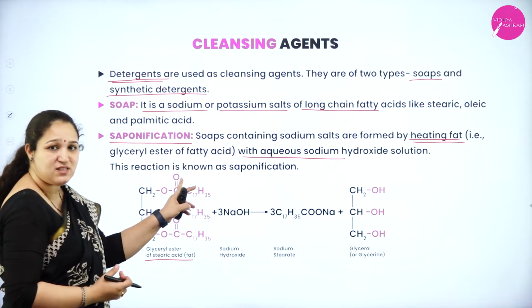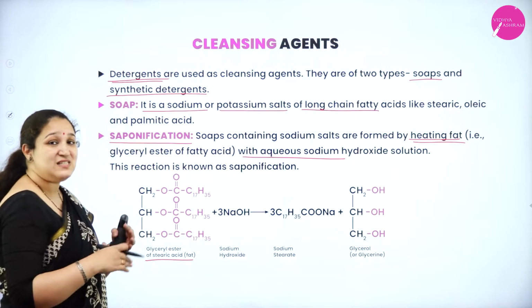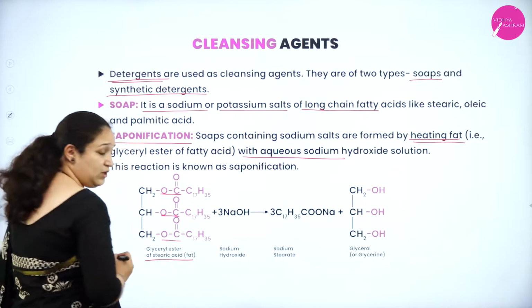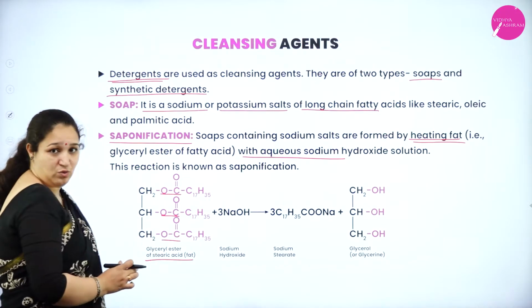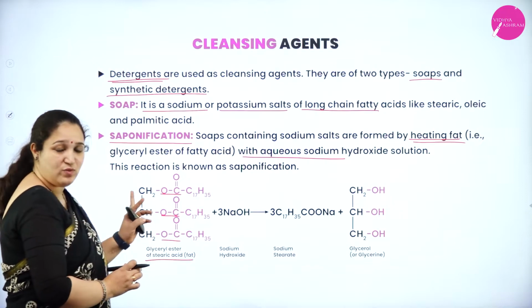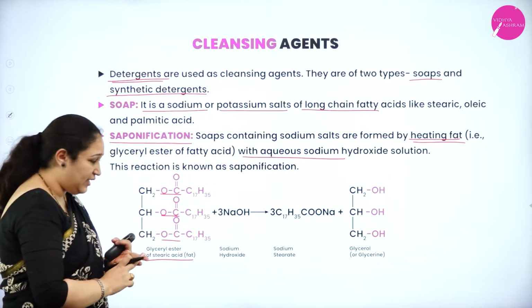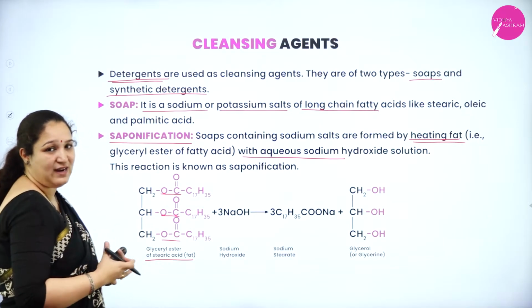Just stearic acid is C17H35COOH. Okay, glyceryl ester means there is an ester group here, COO group, and this is formed by glyceryl group. Okay, we can get to know glycerol is there, so the same group is here, so we call it as glyceryl ester of stearic acid or fat what we are taking, that is the long chain fatty acids what we are taking here.